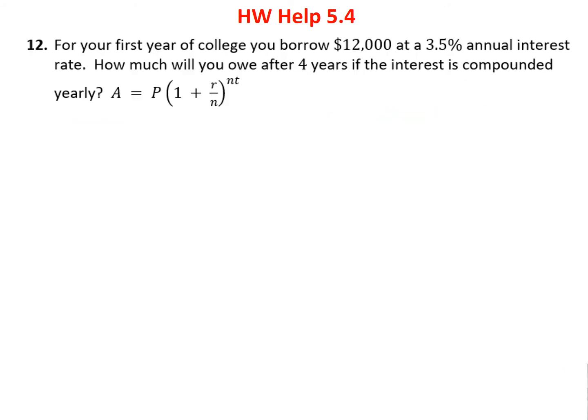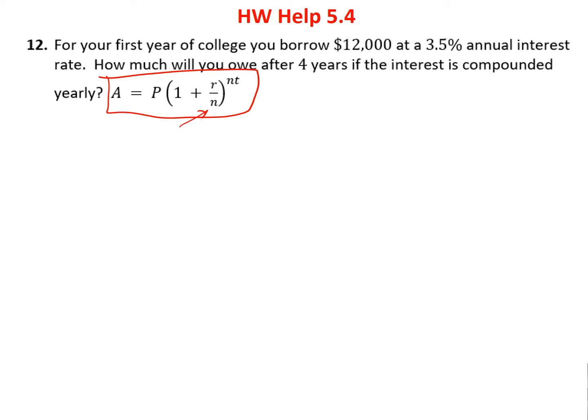Now, problem 12 is easier than it appears. It has to do with compounded interest, and the formula that they've given you here is for compounding if you want to compound something other than annual. Like if you have a bank that compounds monthly, n here is the number of times you do it in a year.